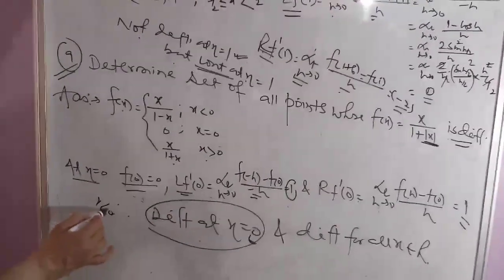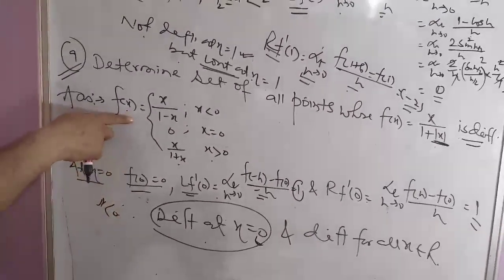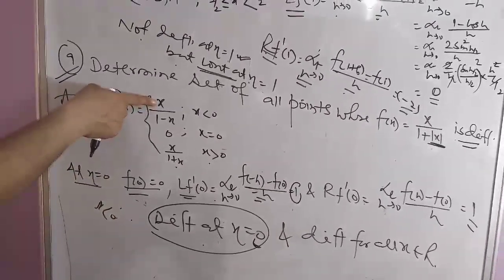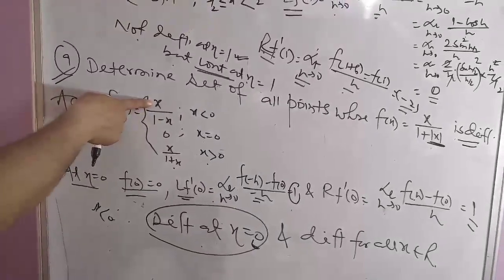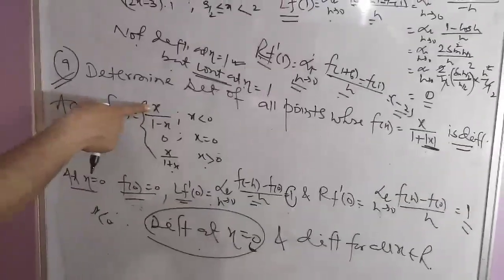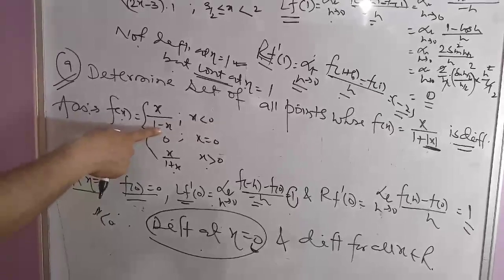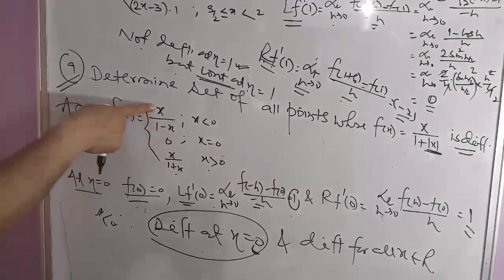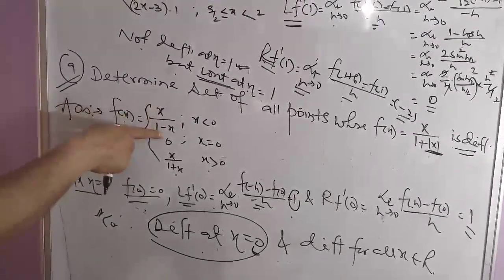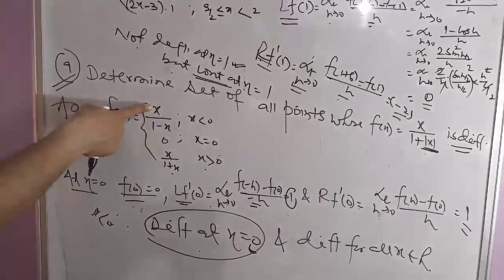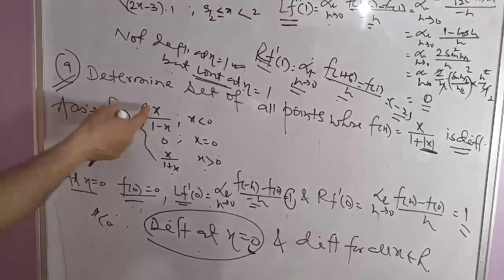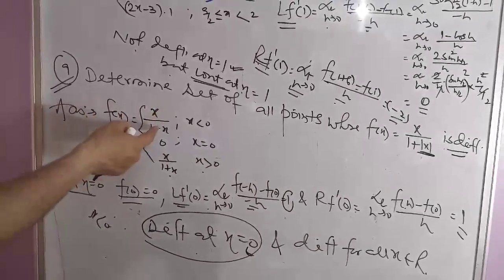Now when x < 0, f(x) is a ratio of two polynomials, x/(1 − x). y = x is a polynomial, and y = 1 − x is again a polynomial. Every polynomial is everywhere continuous and differentiable, so the numerator and denominator are differentiable everywhere.